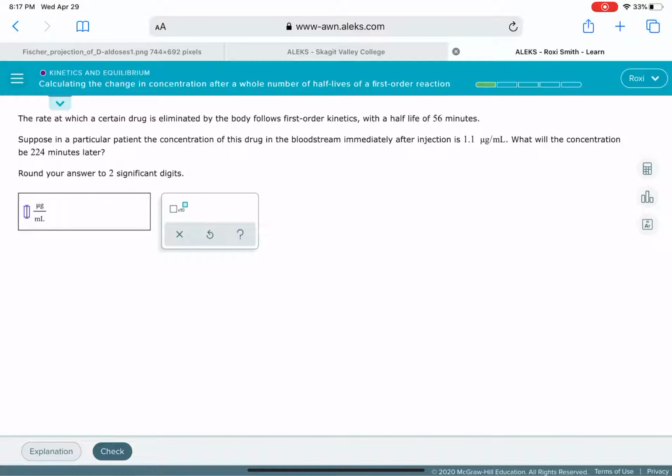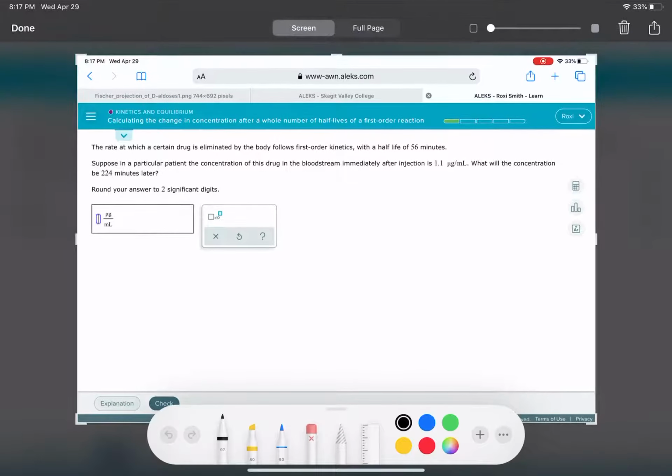In this one, we have a half-life of 56 minutes. We're starting with 1.1 micrograms per milliliter. So that's our initial amount. After our first half-life, we're going to decrease that in half. I'm going to actually use my calculator for this because I don't want to risk screwing it up.